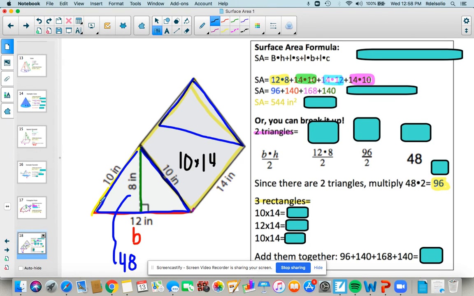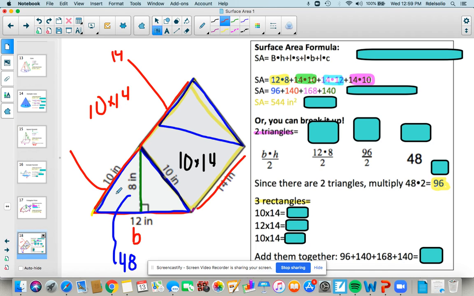Then we have another rectangle on the left side. I know it's hard to see, but it looks like it is 10, and the edge at the top is 14, because since this is 14, the opposite side is 14. So we have another rectangle that is 10 by 14.